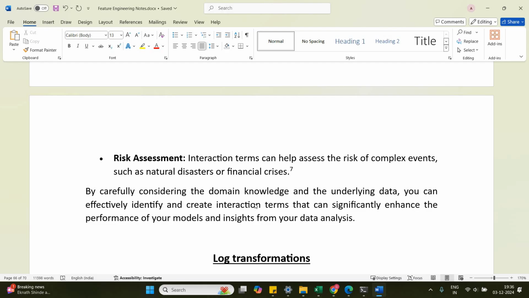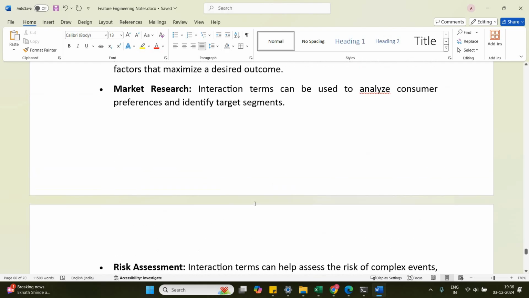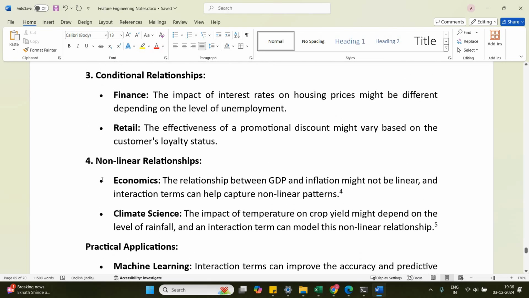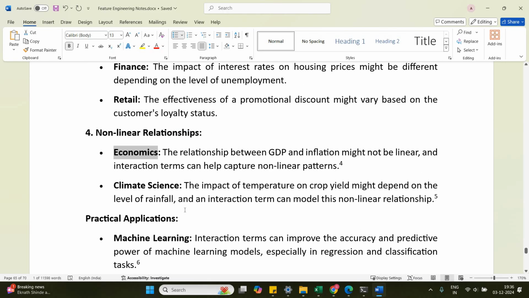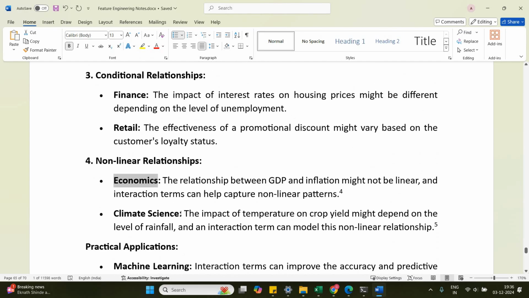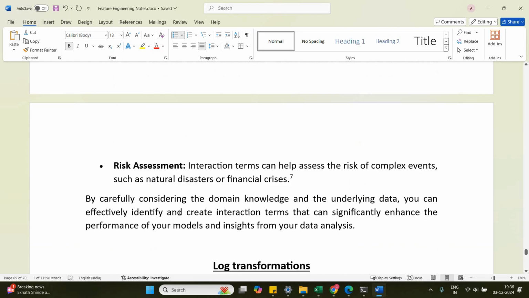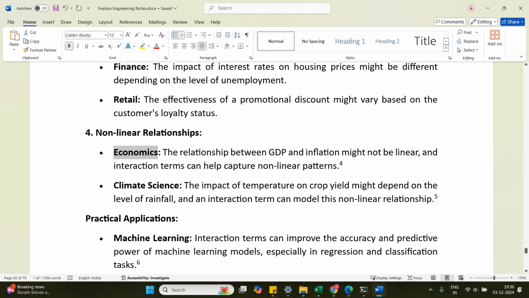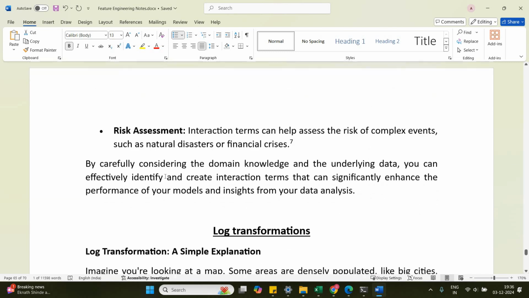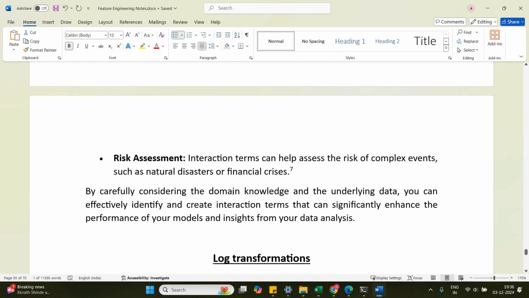Suppose you are creating a model for economics-related forecasting, or maybe a climate science related model, then you should have good knowledge in climate science or economics or whatever the case may be. If you don't have it, you need to have an expert to understand the requirements well, so that you can prepare a good model, right?